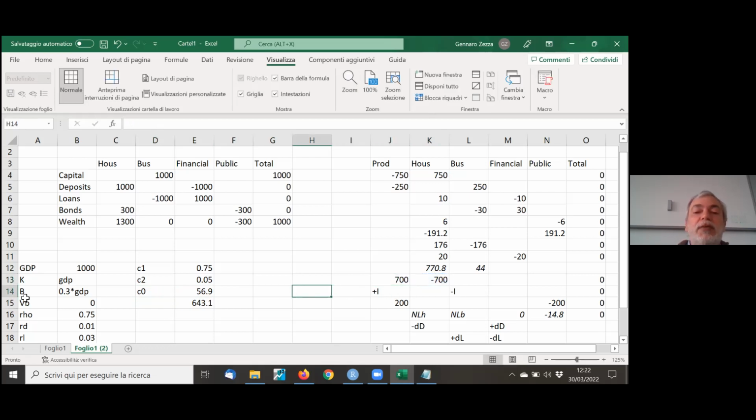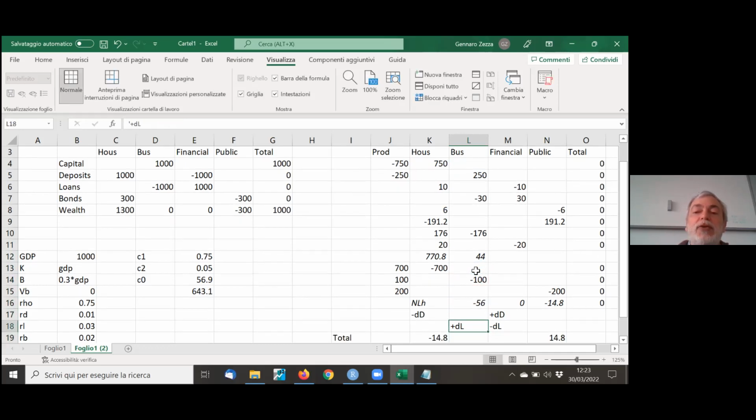And we want investment to be 100. So that this will be the net lending, should be the difference between, yeah, sorry, it will be, this was the disposable income, and this is the investment expenditure.